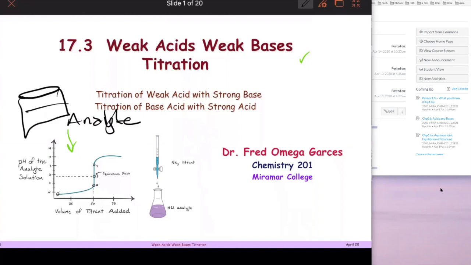And you usually have a pH probe in here, and the pH probe will tell you what the pH of the analyte is. And because it's low, you can say that the analyte is an acid. Depending on how high that pH is, you can say whether it's a strong acid or a weak acid. And then notice how the pH goes up.